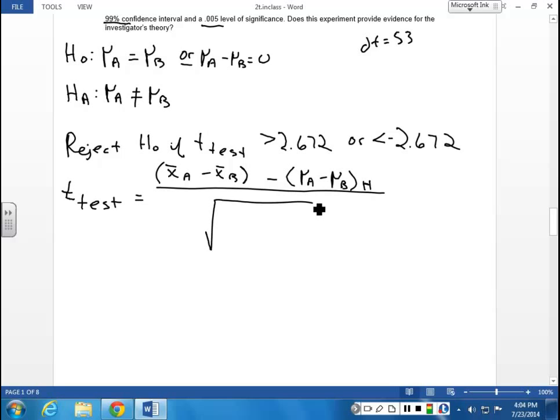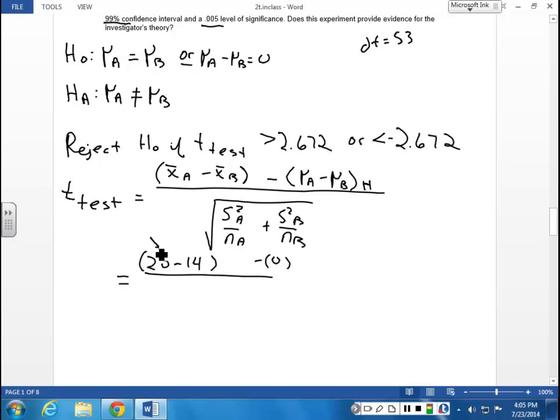Divided by the standard error, which for the unpooled is s squared A over NA plus s squared B over NB. Put all this in, we still have 20 minus 14 minus 0. You could just write 6 there. It might be better for you to think of that as a difference of 6. That's what our sampling distribution is, a distribution of the difference between means.